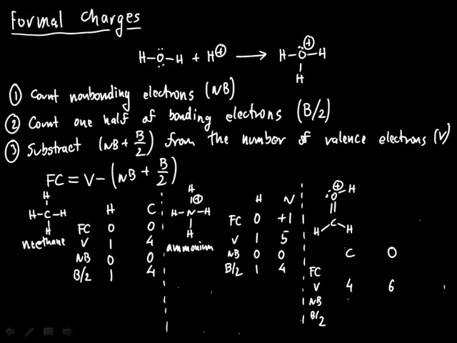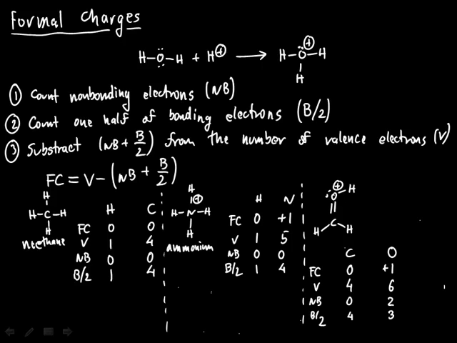In terms of non-bonding electrons, carbon has 0, oxygen has 2. In terms of bonding electrons, carbon has, again, 4, whereas oxygen has 3. And the sum of these two numbers is 5, and 6 minus 5 is 1. So that means that oxygen has a formal positive charge, whereas carbon charge is 0. So this is how the concept of formal charges applies.